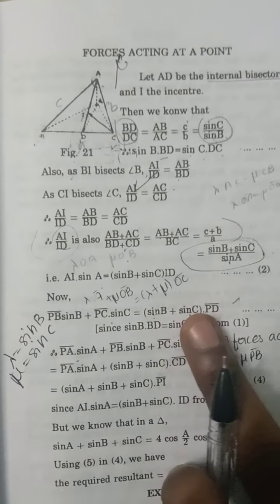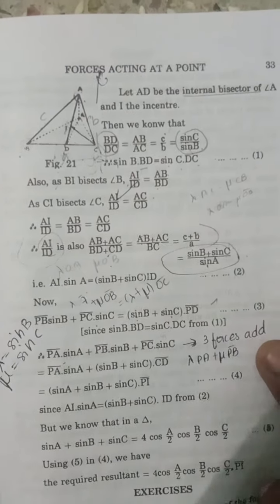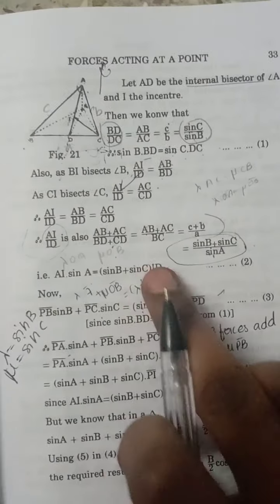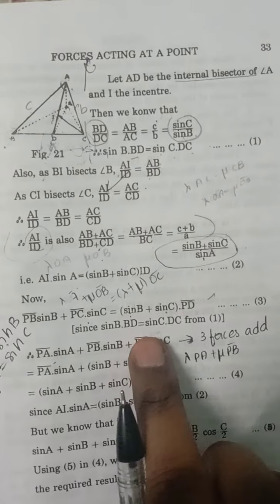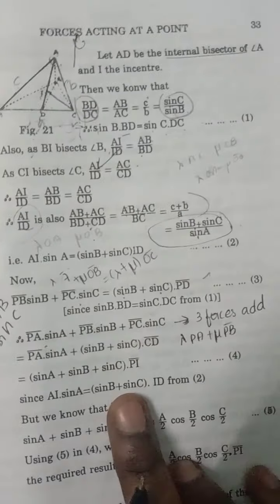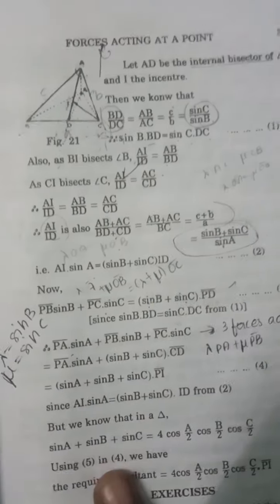So this is the form we take from the lambda mu theorem. Then we already know sin B BD equals sin C DC from the above first equation.